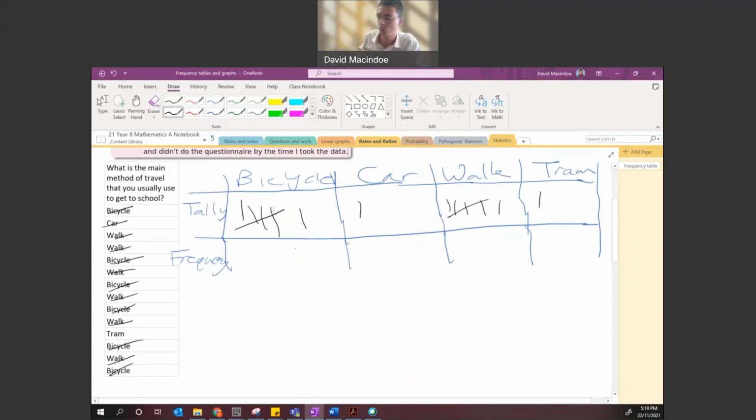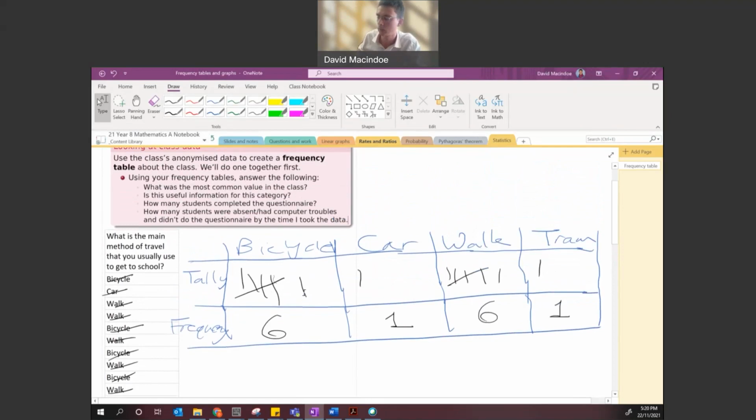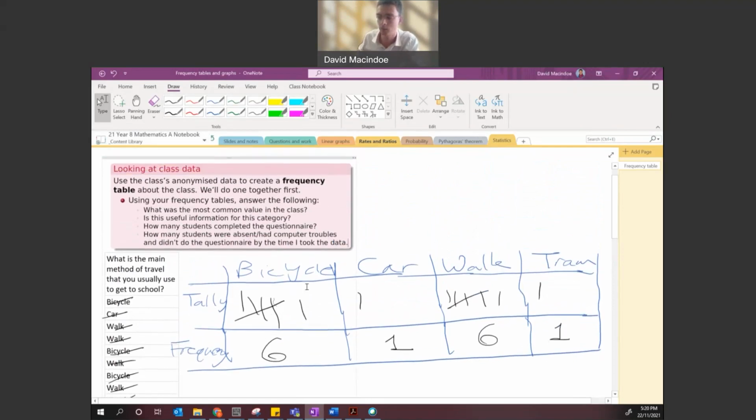From there, we can finish our frequency table by just counting up from our tally. So we've got 5 plus 1 makes 6, 1, 6 again, and 1. Pretty similar data for each of our categories, at least in pairs.